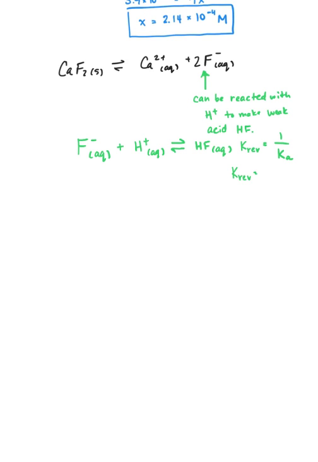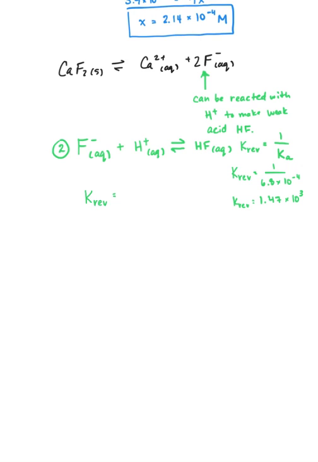The equilibrium constant for this reversed form of our reaction is 1 over 6.8 times 10 to the minus 4, which is equal to 1.47 times 10 to the positive 3. So our equilibrium constant for this reaction, let's call it reaction number 2, is 1.47 times 10 to the positive 3. We can also write down an equilibrium constant expression for this reaction.